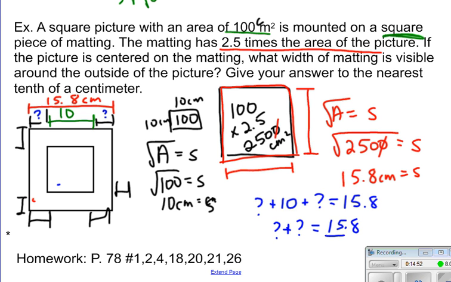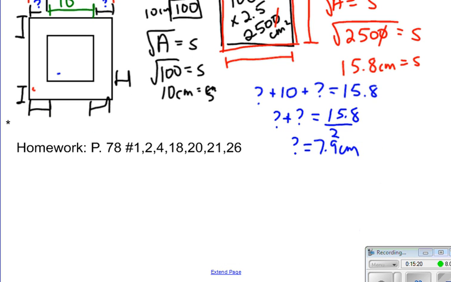So let's cut it in half. Let's see what one question mark is worth. And when we go 15.8 and we cut it in half, or divide it by 2, we get 7.9 centimeters. So what width is visible around the outside of the picture? Well, 7.9 centimeters on each side of the picture will be visible.